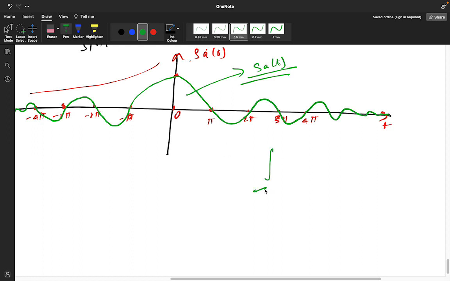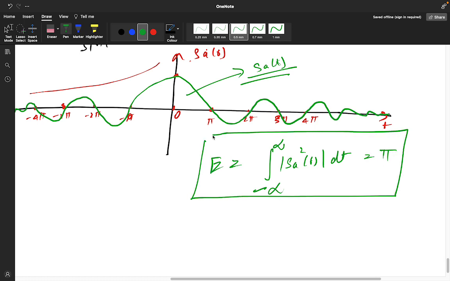And minus infinite to infinite, mod of sampling square of t into dt. This is the formula of energy, and the energy will be pi. So the sampling signal energy is pi. Remember these things.